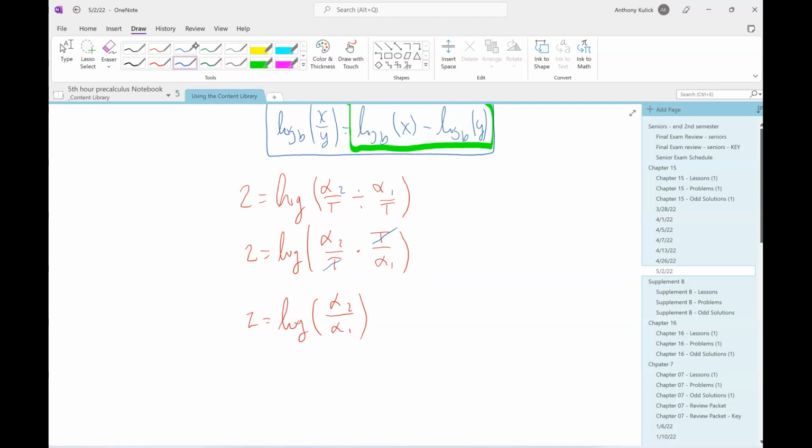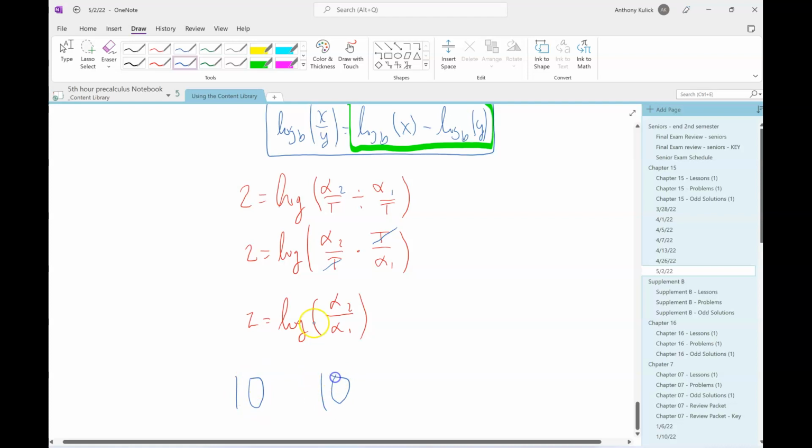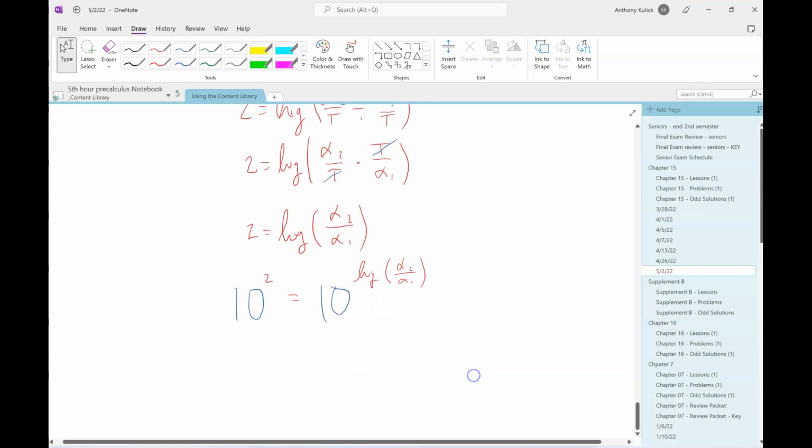So which exponent base should I use? 10. Yeah. Everybody's cool with that? This is our answer.